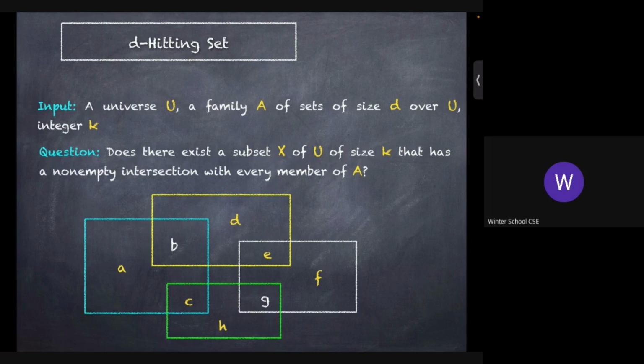Here is an example of a yes instance, an example of the hitting set. I have 4 sets, each set consists of 3 elements, and the hitting set here is of size 2: this element and this element.